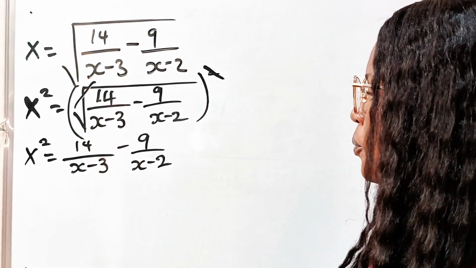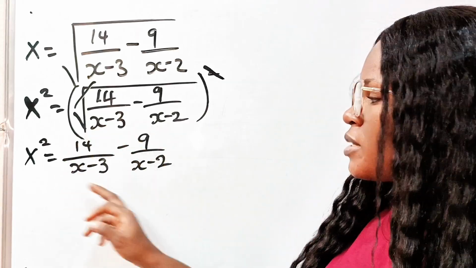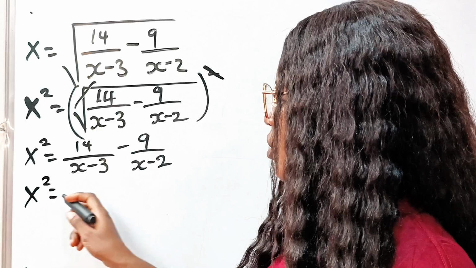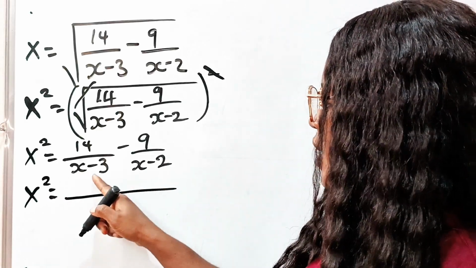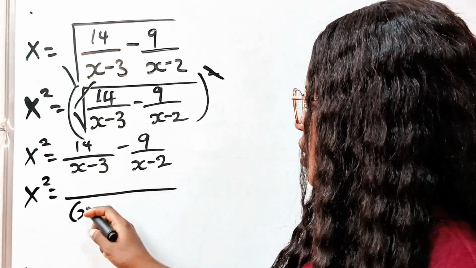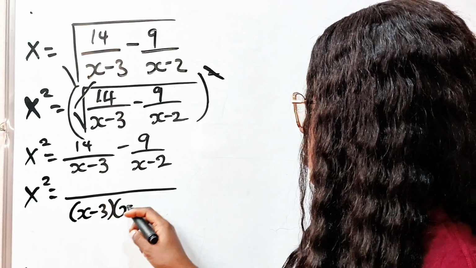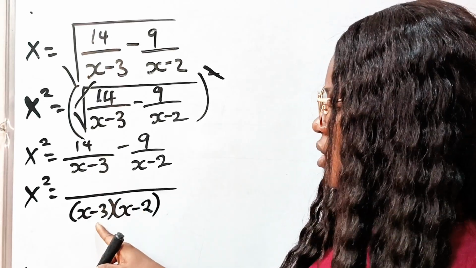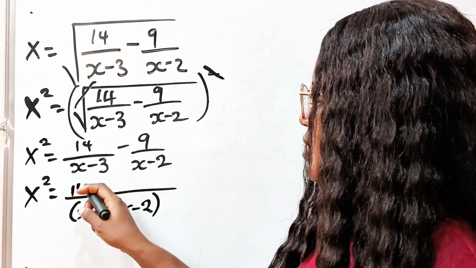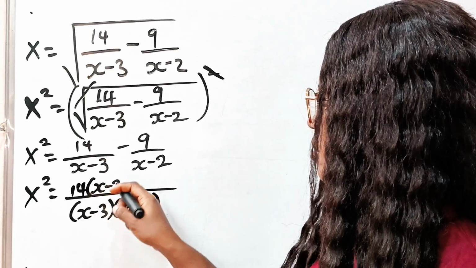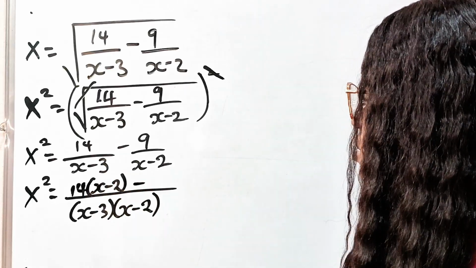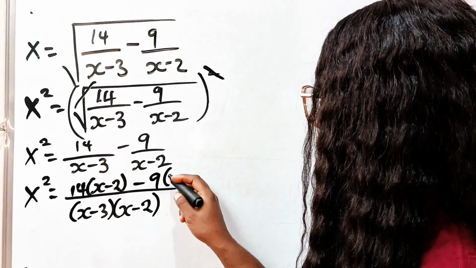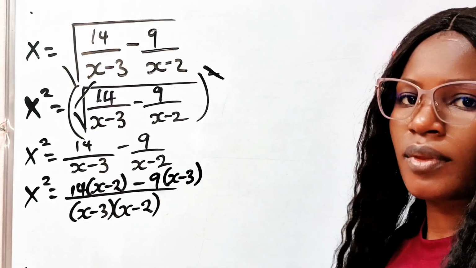Now let us solve this part of the equation. So x squared is equal to the LCM of x minus 3 and x minus 2, which is x minus 3 multiplied by x minus 2. So when this divides this, we have this. So we are going to have 14 brackets x minus 2 minus, when this divides this, this will remain, so we have 9 brackets x minus 3.